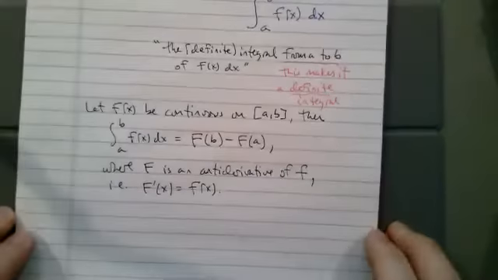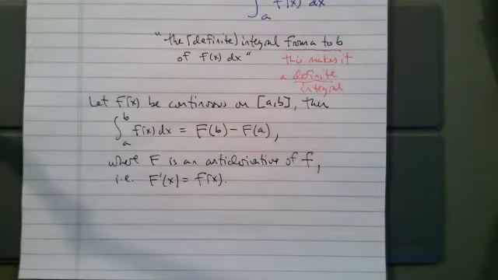And there's our first fundamental theorem of calculus. The integral from a to b of f of x dx is capital F at b minus capital F at a, where capital F is an antiderivative of little f. That is, capital F prime is little f.